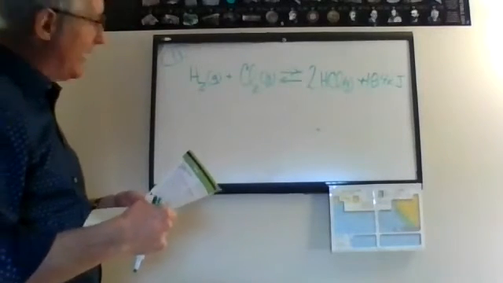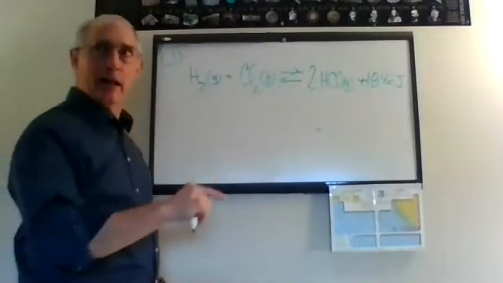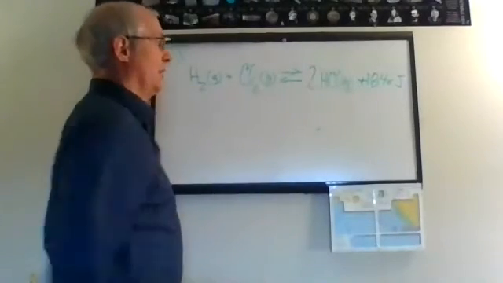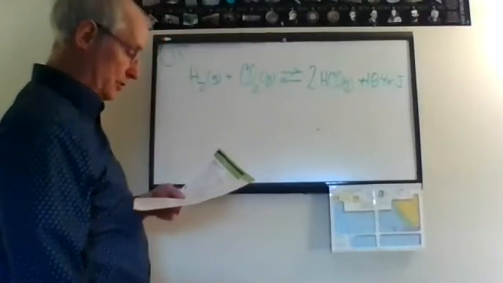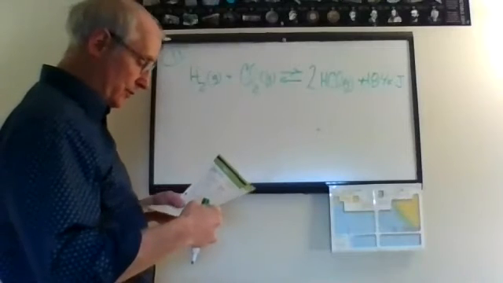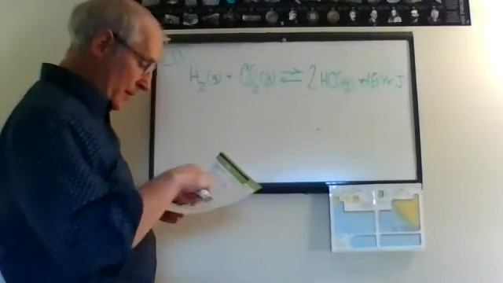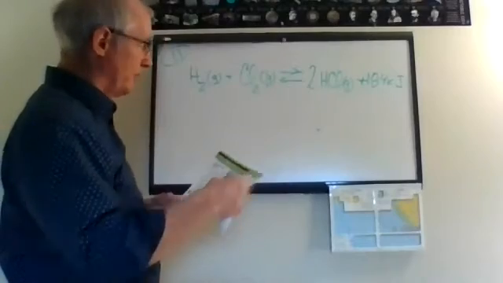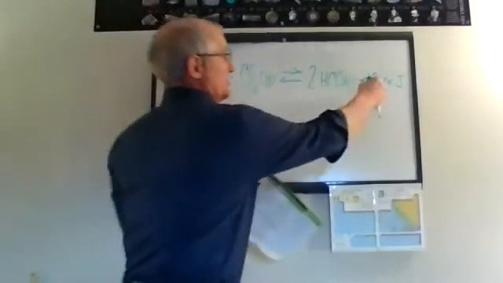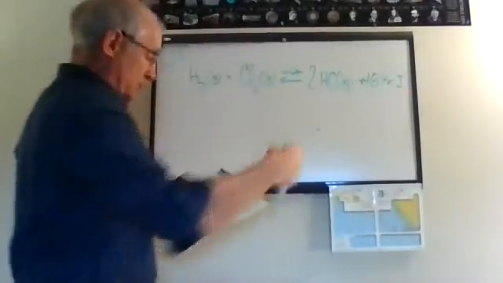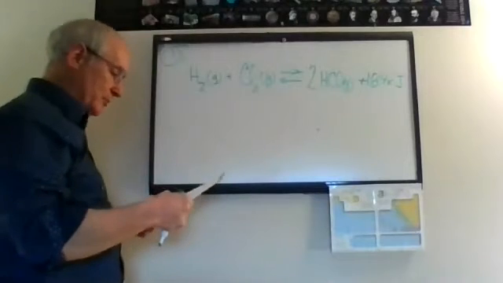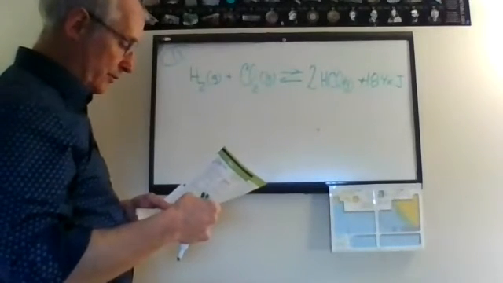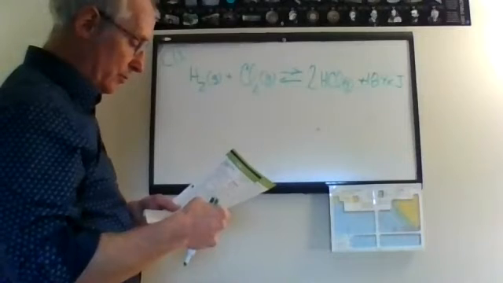G, adding a catalyst. If you add a catalyst, it'll speed up the reaction, but it will not change the equilibrium position. It will not shift, so it's neither. H is increased temperature. We've already discussed that. If you increase temperature, this bloats up and it shoots reverse. The equilibrium shifts to the left, reverse. And then I is decreasing the system volume.